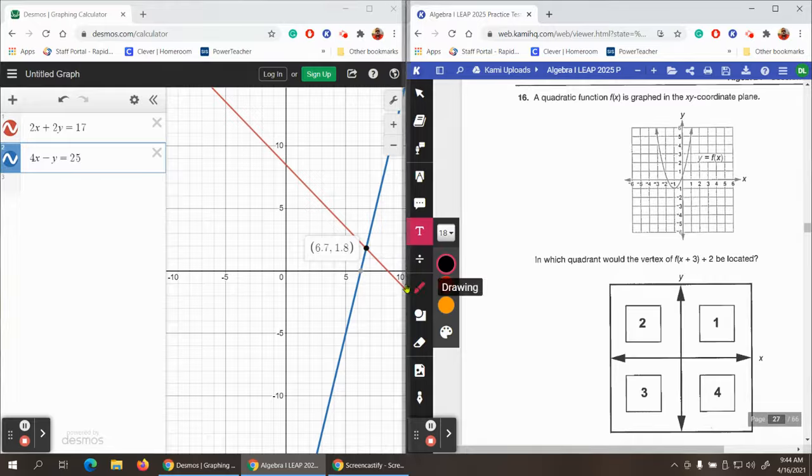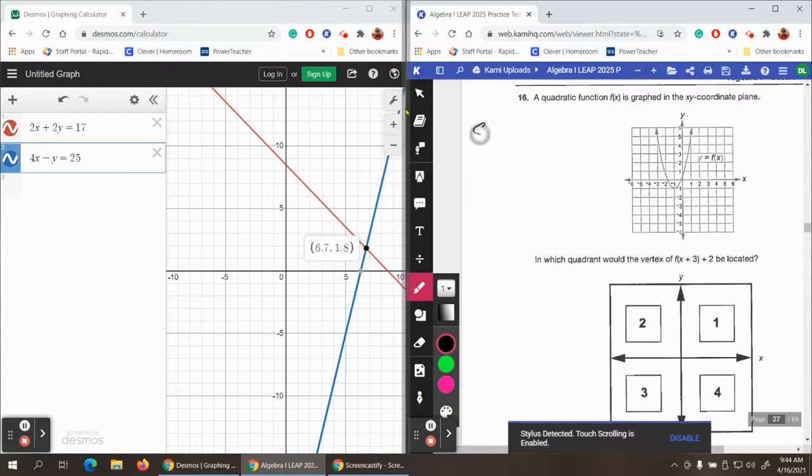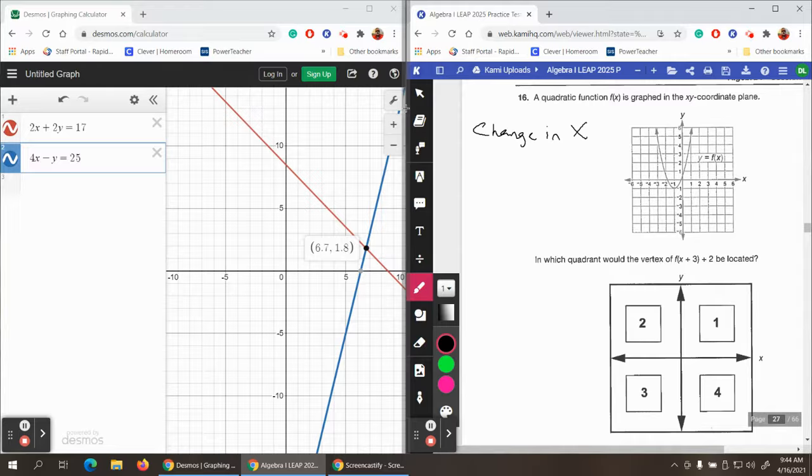First of all, there's knowing the actual way, right? Knowing that with this in your vertex, a change in x, plus goes to the left, and negative goes to the right. A change in y, plus goes up, and a negative goes down.